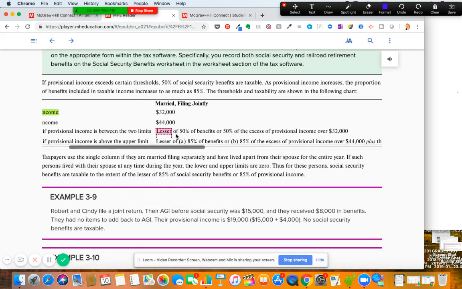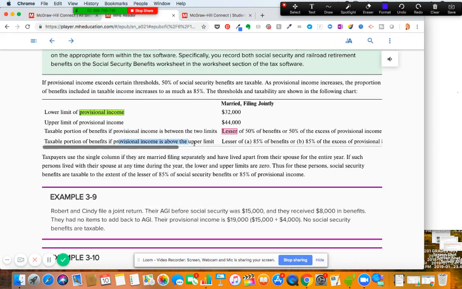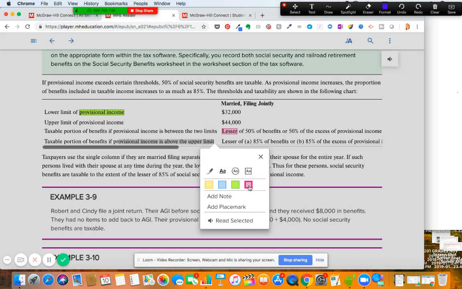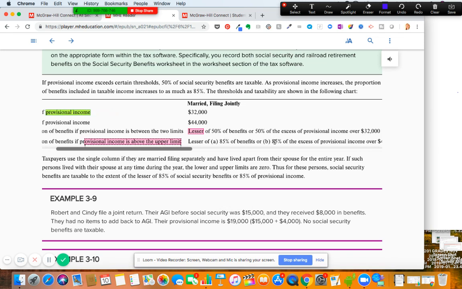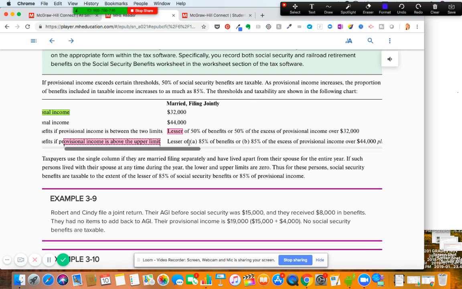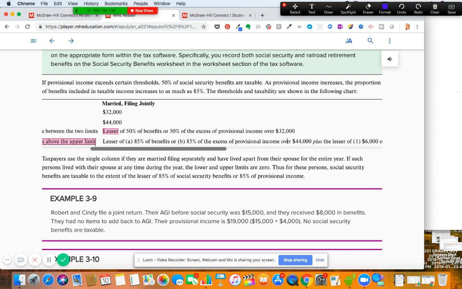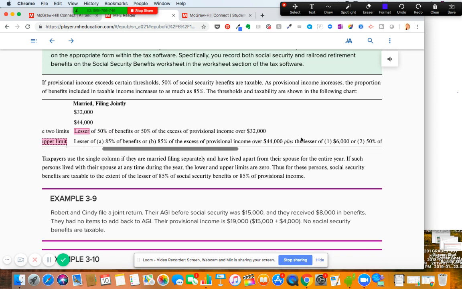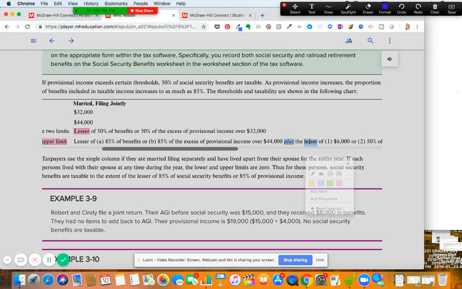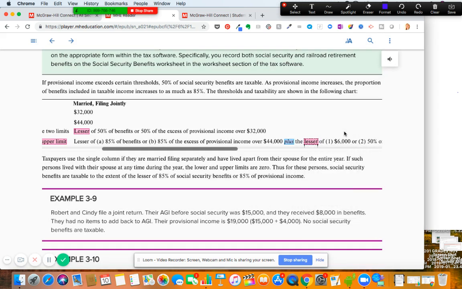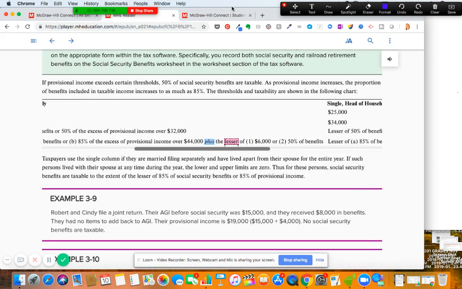Now with our third scenario, where we're over the upper limit, we're going to take the lesser of, and this is the most complicated one, 85% of the benefits, which is often what it ends up being, or 85% of the provisional income over the upper limit, plus the lesser of $6,000 or 50% of the benefits.